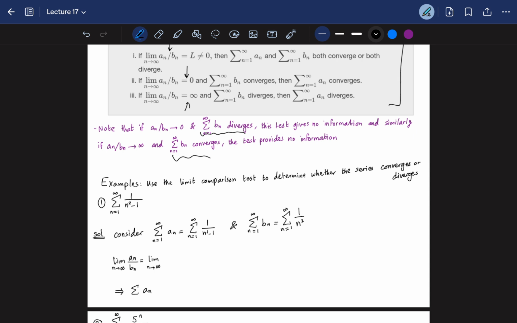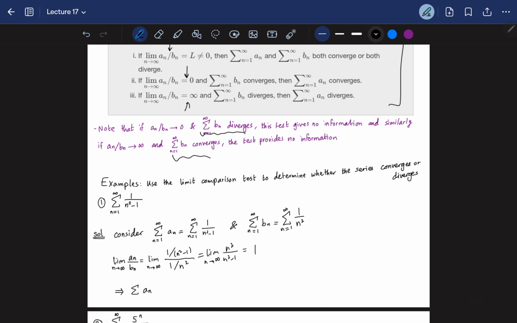So if I want to use the limit comparison test, let's take the limit. So I'm going to do an over bn, so that's 1 over n squared minus 1 over 1 over n squared. So now if you do the keep change flip rule, you're going to get the limit of n squared over n squared minus 1 as n goes to infinity. If you use L'Hopital's, you're going to get 1.